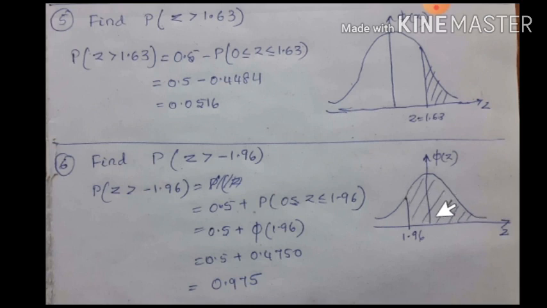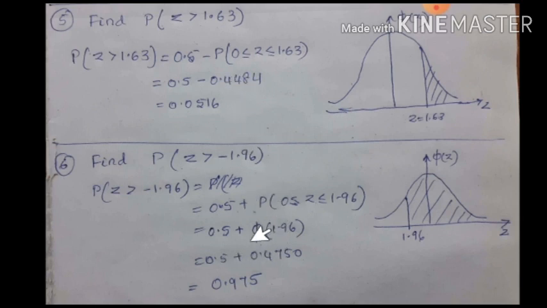I know from z equal to 0, the right-hand side area is nothing but 0.5. So I have taken 0.5, and by symmetry I know the area from minus 1.96 to 0 is equal to the area from 0 to 1.96, yes or no? So find the area of 1.96 from the normal table and add it to 0.5.